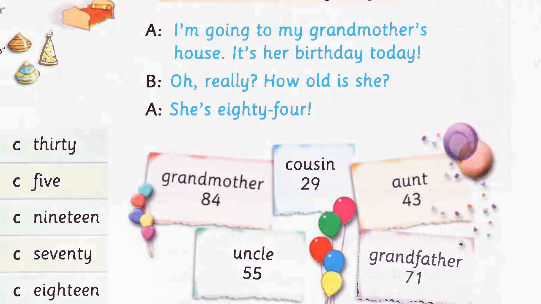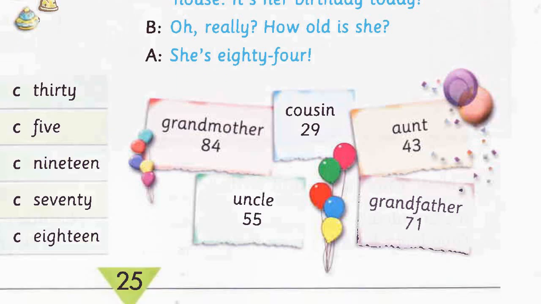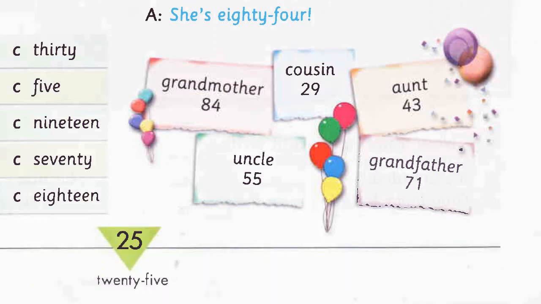Oh, really? How old is she? She's, look at the number, 43. Okay, how do you spell 40? Can you say that? F-O-R-T-Y. 43. F-O-R-T-Y, hyphen, T-H-R-E-E. Okay, so we finished 3 parts and we've got 2 more to go.